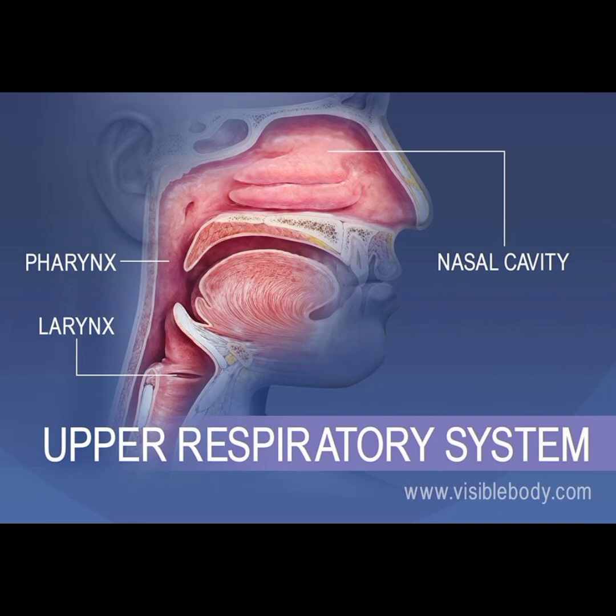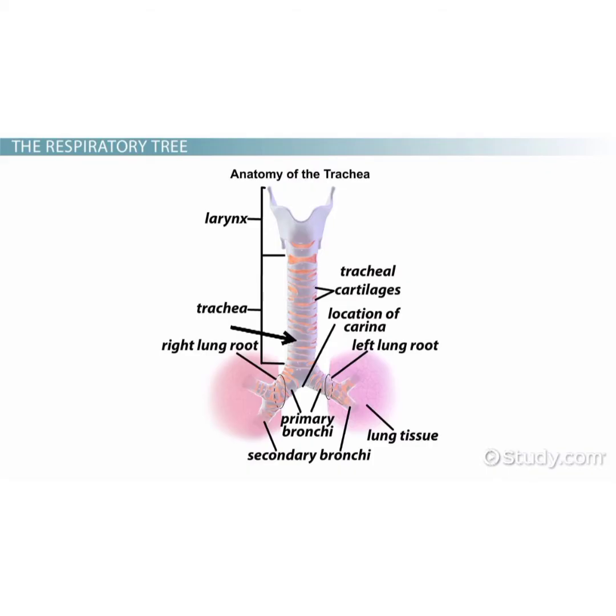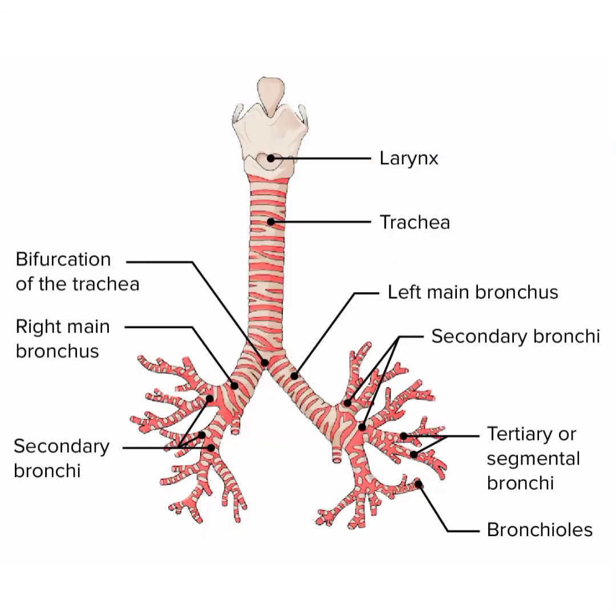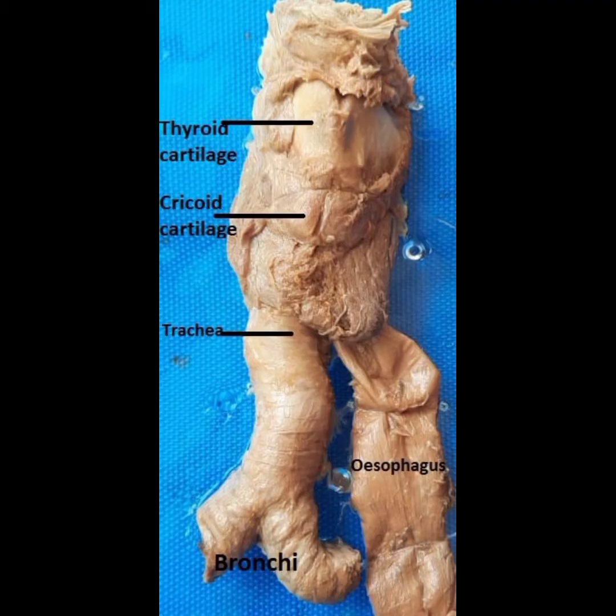From the pharynx, the air enters the larynx. We know that the oropharynx is the common passage of air and also food. From there the air enters the larynx, which is present anteriorly, and the food enters the esophagus, which is present posterior to the larynx.